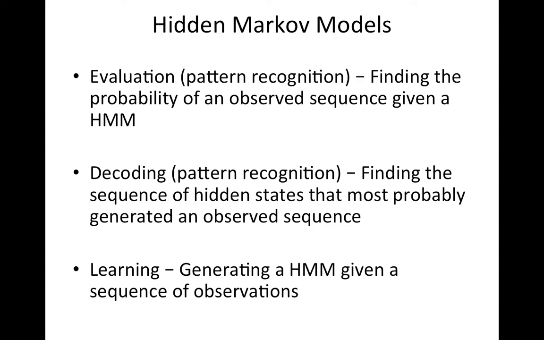The idea is to find the probability of an observed sequence given a hidden Markov model. So if you're watching the seaweed and it is dry, what is the most probable state underlying that?